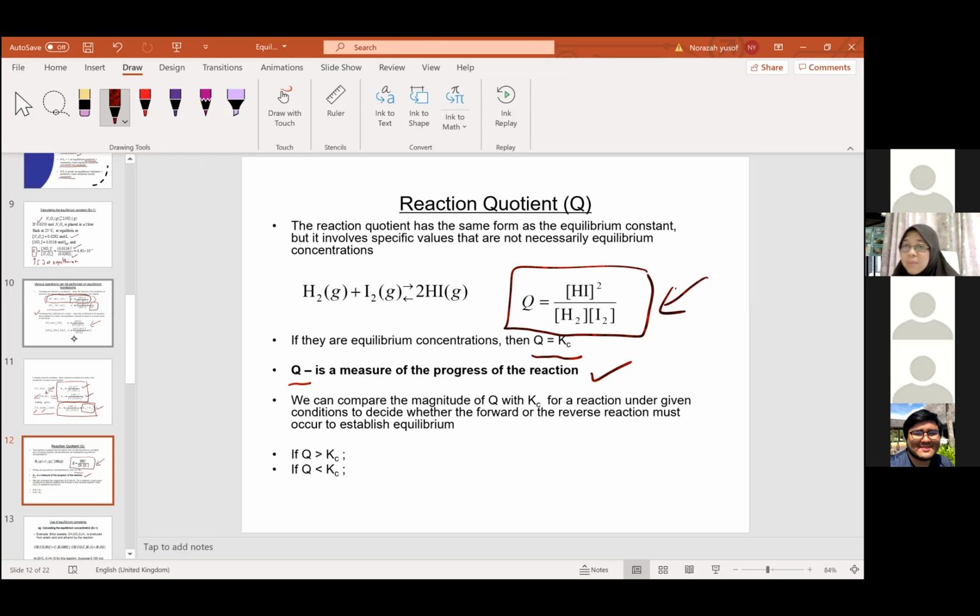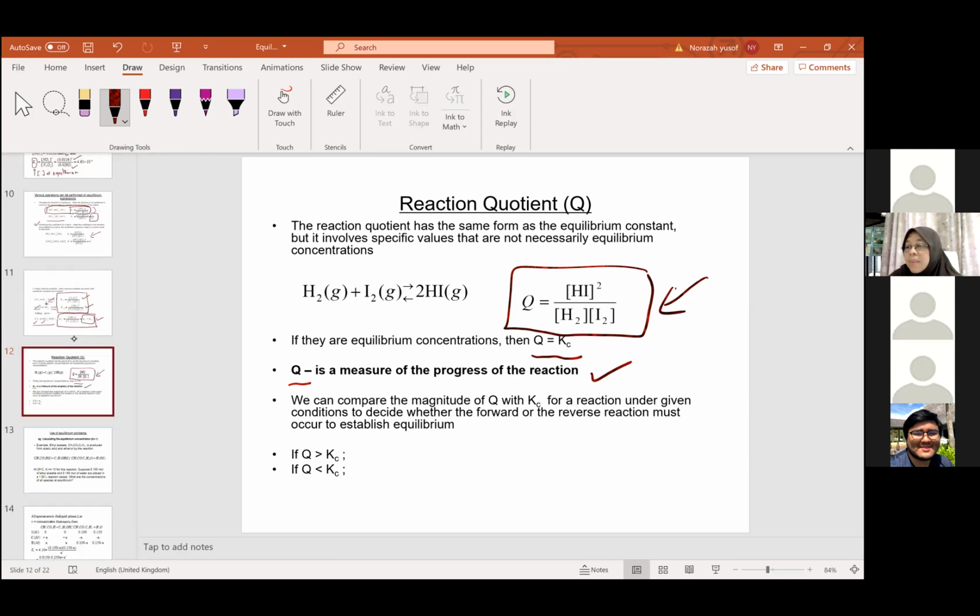Do we need to add some more reactant, or some more product, so that the process of achieving equilibrium will be faster, or delayed, whatever you wish. So that's why Q is important as well.